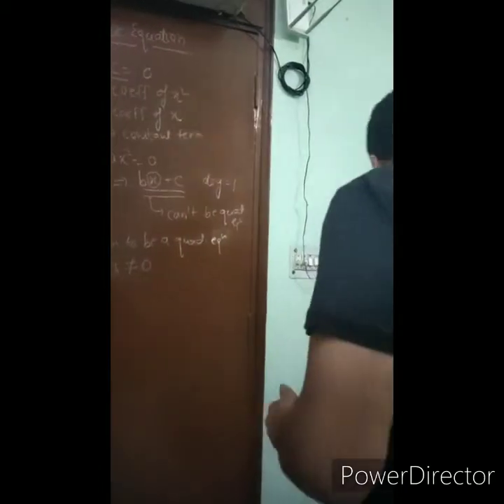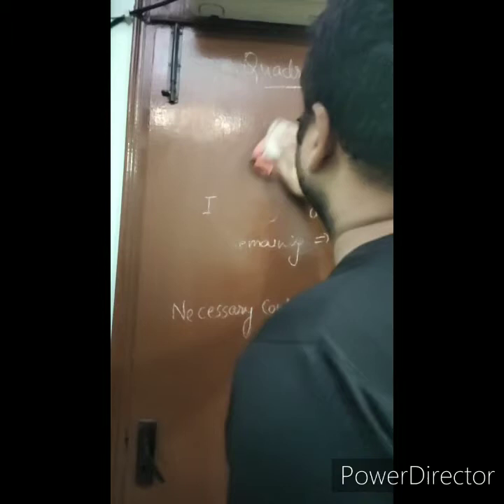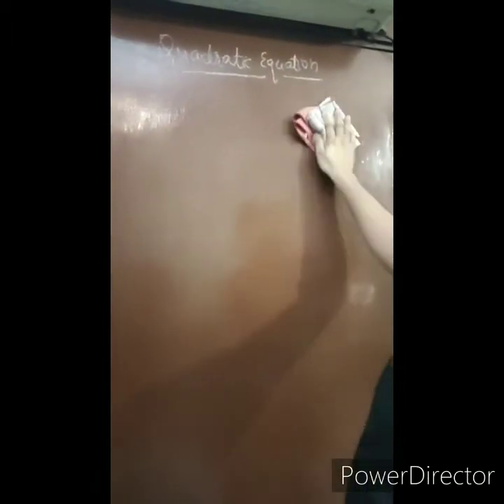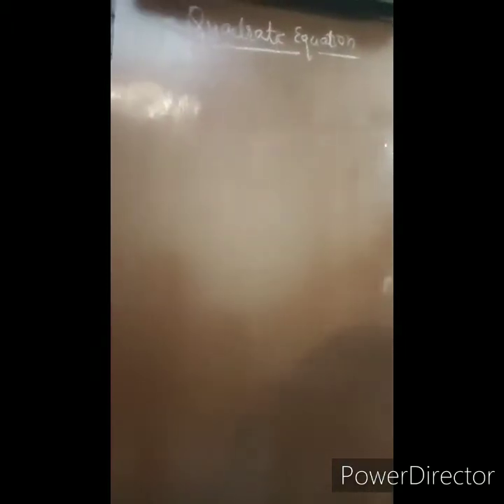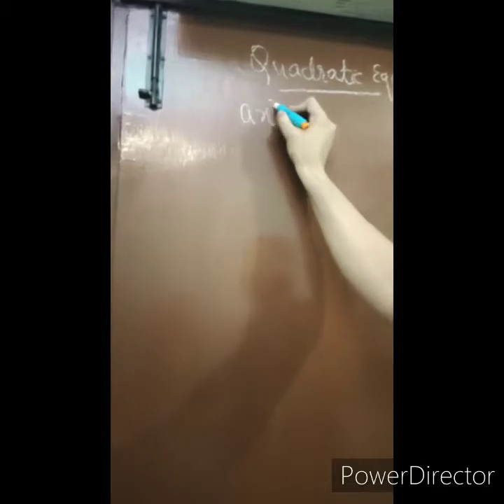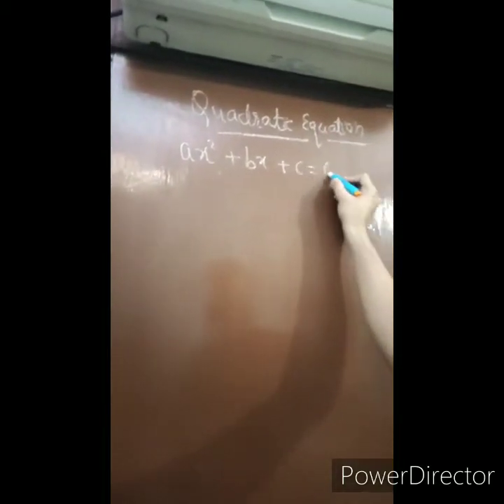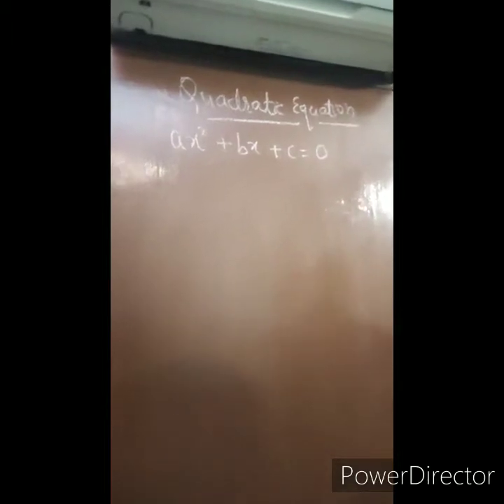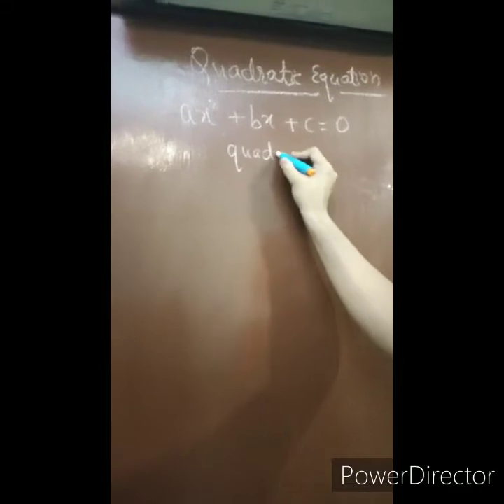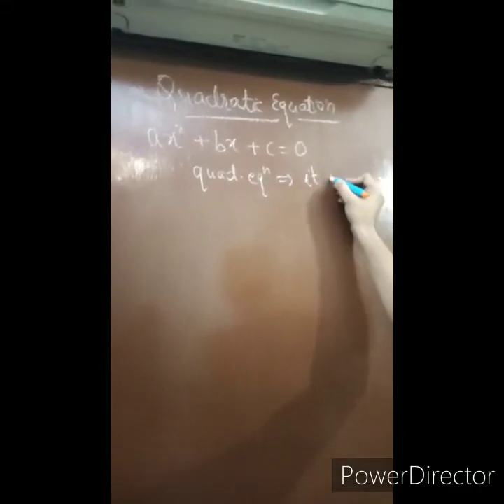Now again we start from here. Ax square plus bx plus c equals to 0. This is a quadratic equation, so it must have two roots.